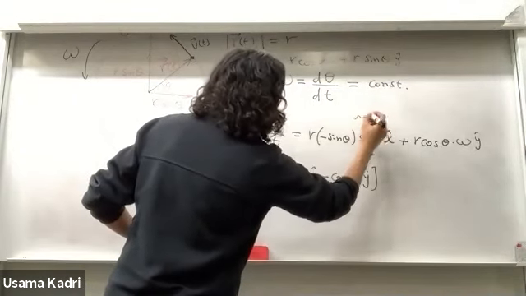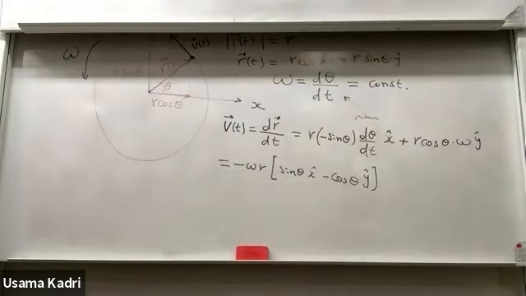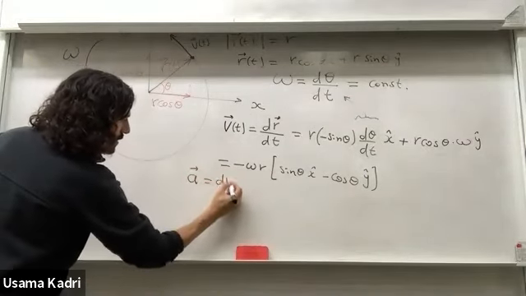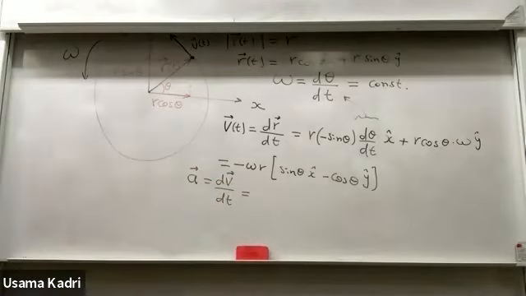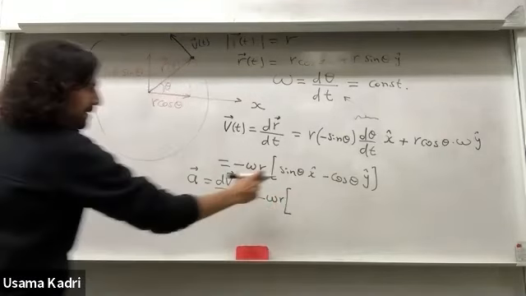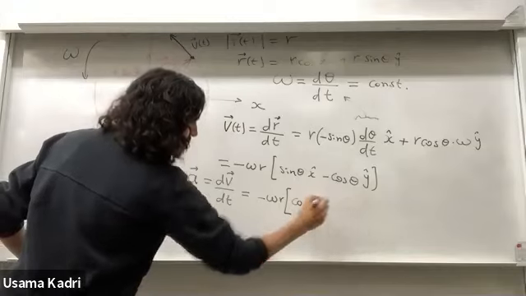Okay, this is from here. That's all, right? Now we can take the second derivative. So a is dv dt: minus omega r times cosine theta in the x direction.